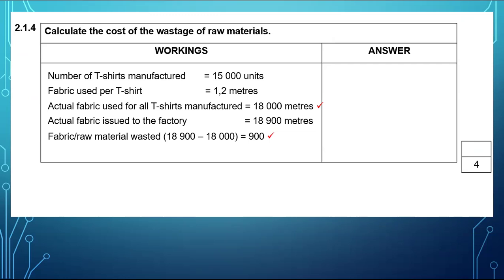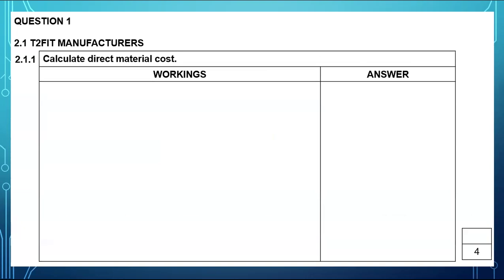And when you take this 900 multiplied by the average price, my question is, how much is the average price? Do you still remember? It was calculated earlier on. The average price was calculated in 2.1.1.